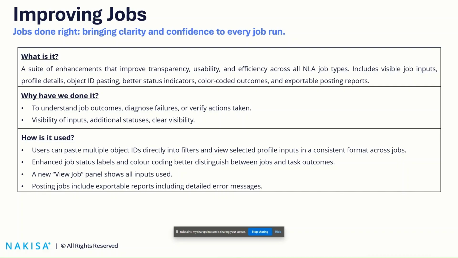This exportable posting report will provide you the list of all the failed object IDs if the job was not completed, and also the reason code. So if you need to modify something to rerun the job, you will have more information now.